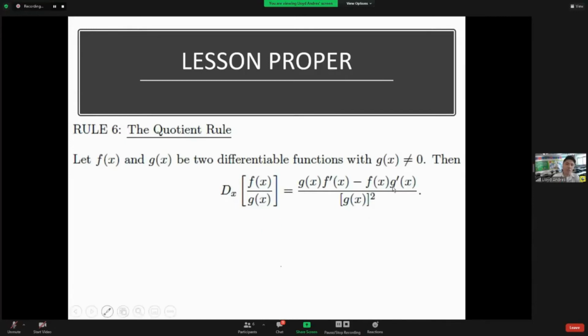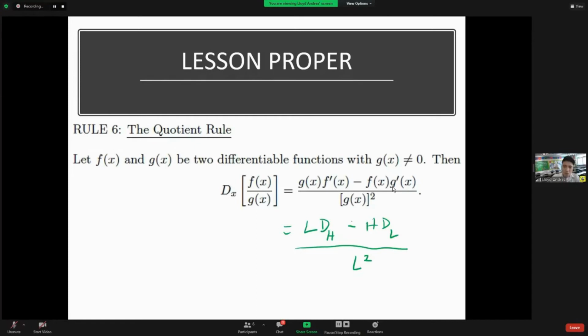Again, this is a long equation, so we will make a shortcut so it is easier to memorize. The shortcut I use is LDH minus HDL over L squared. This means low D high minus high D low over L squared.